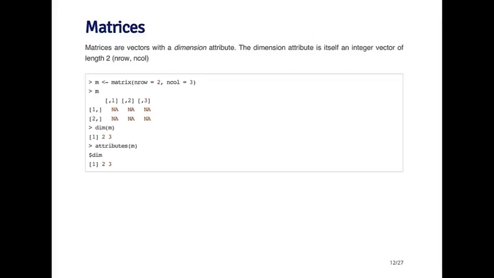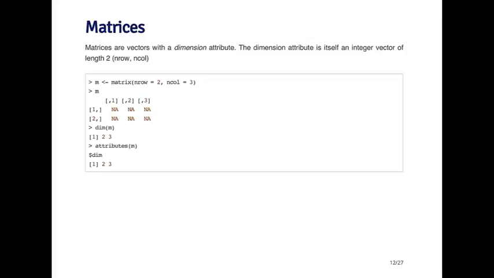When I auto-print the matrix by typing the object M and hitting enter, you'll see that, first of all, the matrix is initialized with NA values, so there are no values in here. And you can see that there are 2 rows and 3 columns, and they're labeled by the numbers in the brackets.